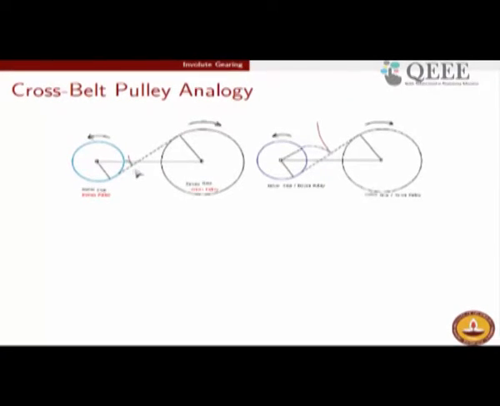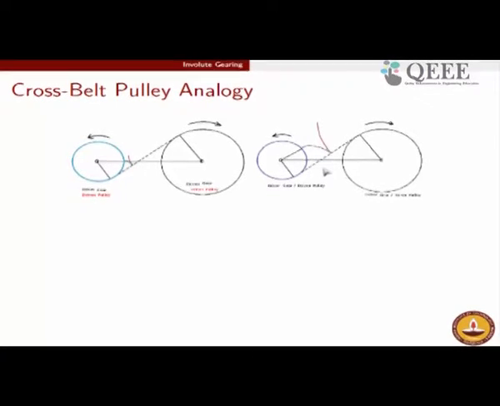During the course of engagement, the point of contact is changing, it is going outwards with respect to the smaller pulley, and it is going inwards with respect to the larger pulley. But the point is that the point of contact with respect to the stationary frame is nothing but the belt itself, which is not changing.